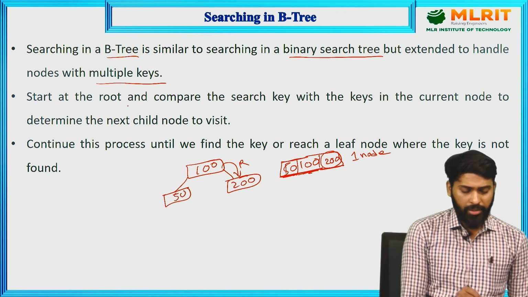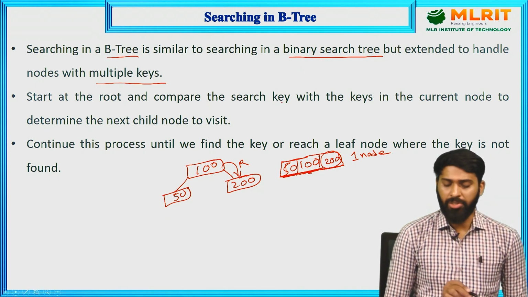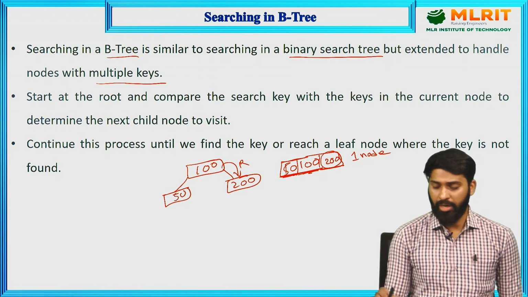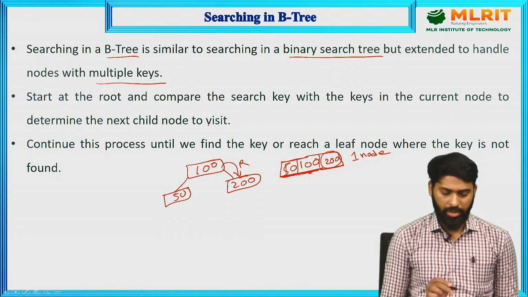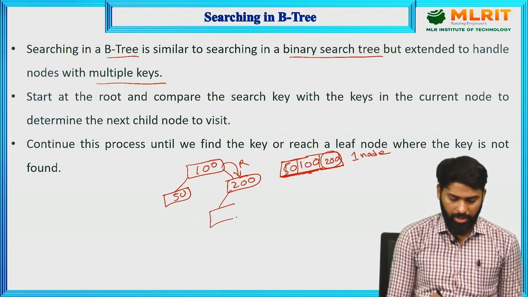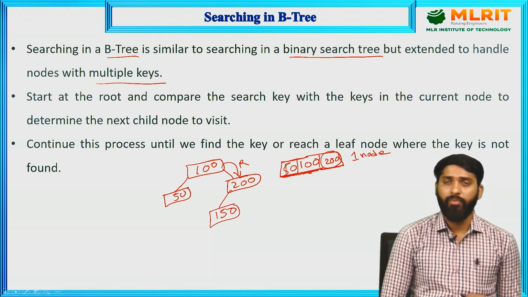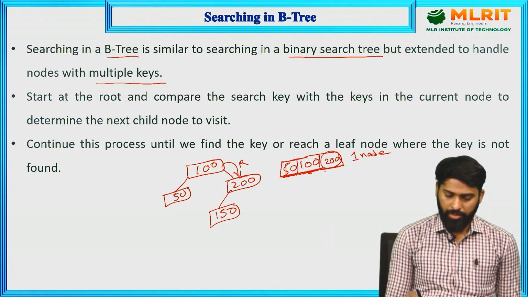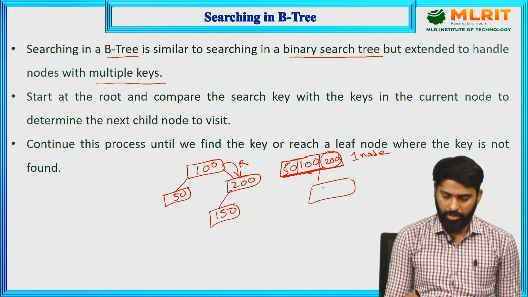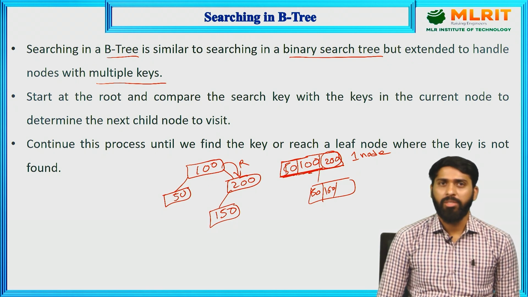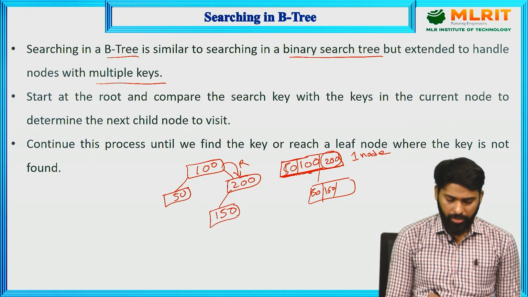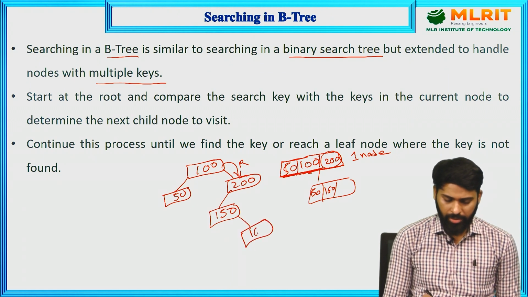Start at the root and compare the search key with the keys in the current node to determine the next child node to visit. For example, let us assume the values 150 and 160.